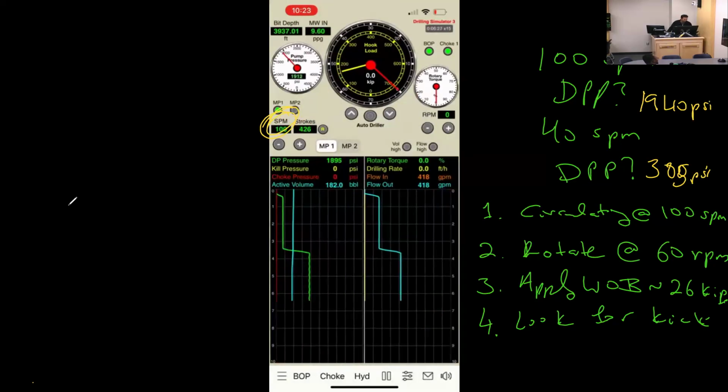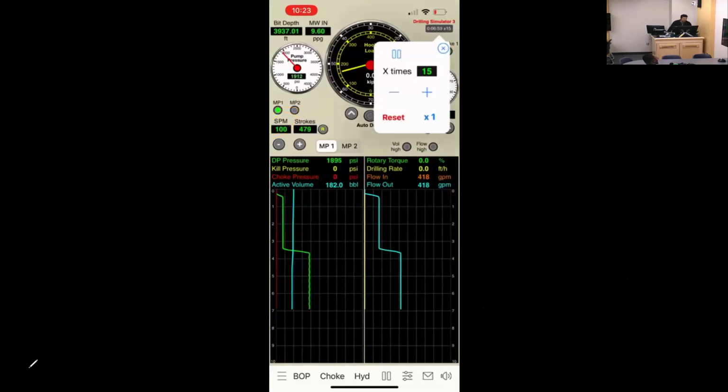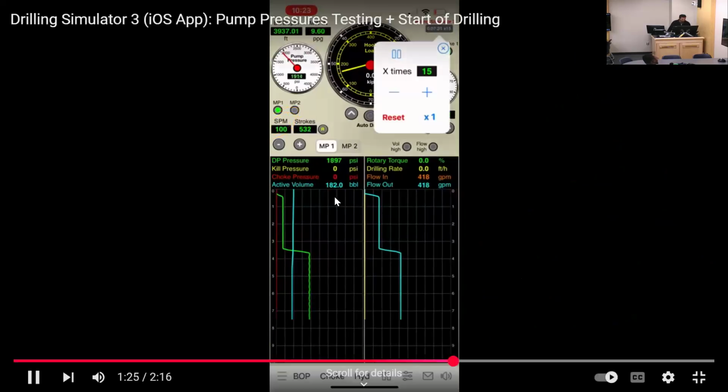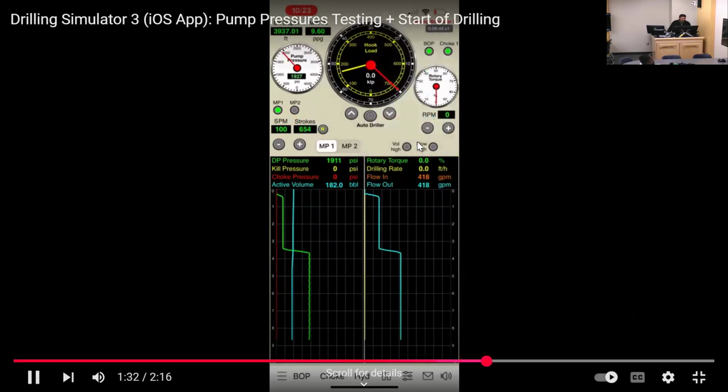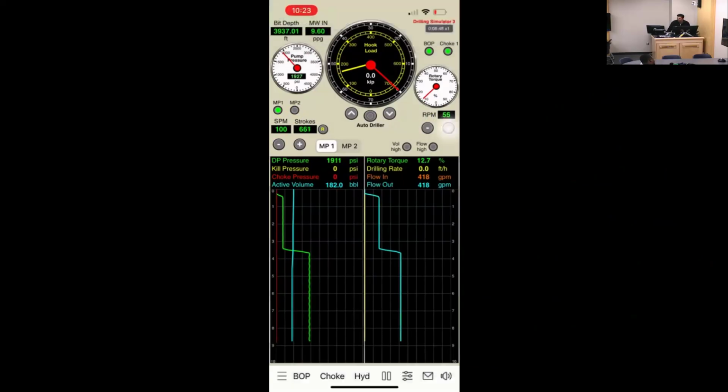Something along those lines. Very nice. Okay. What am I going to do now? I'm on the first step, I'm circulating. Now I am rotating to 60. I change this value to 60.